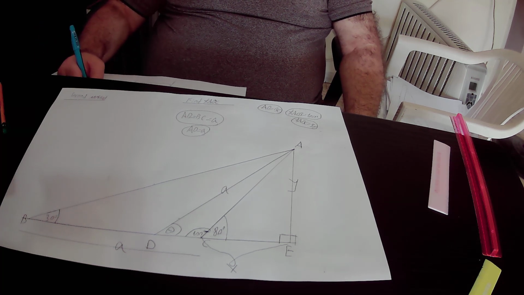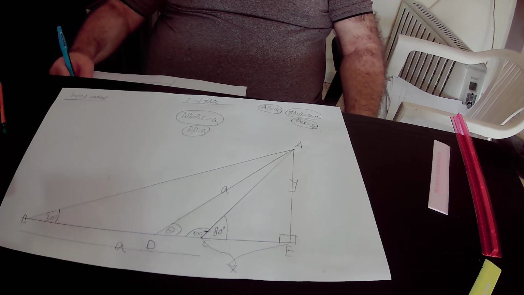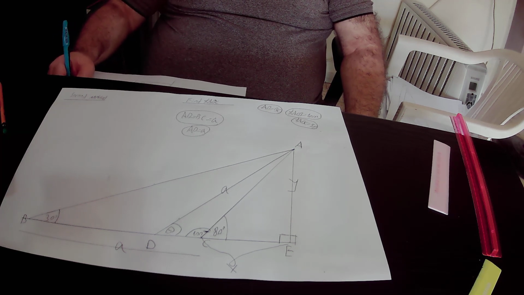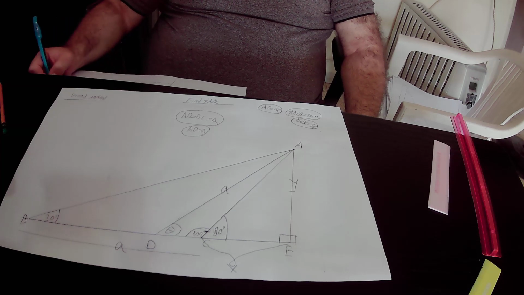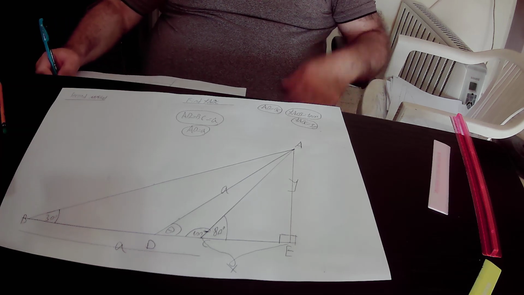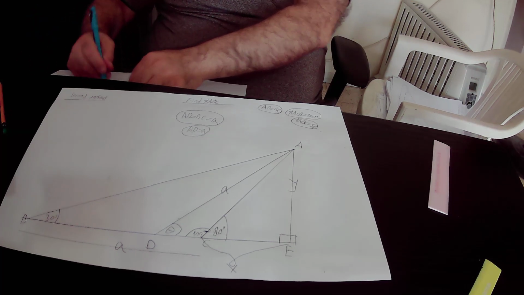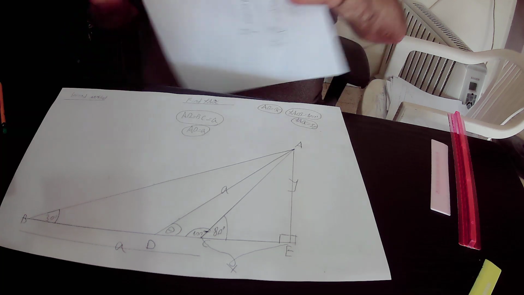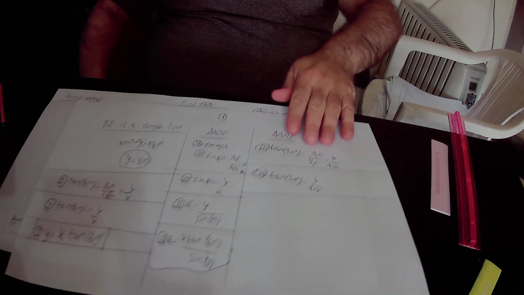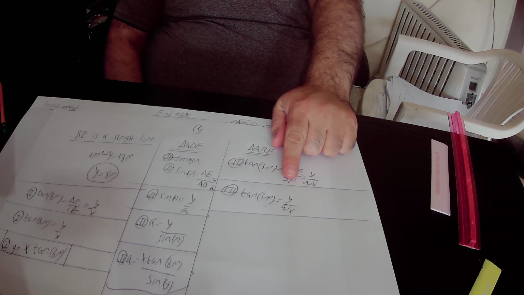So according to equation number 3, we will get that tangent 30 degrees equals y over a plus x.